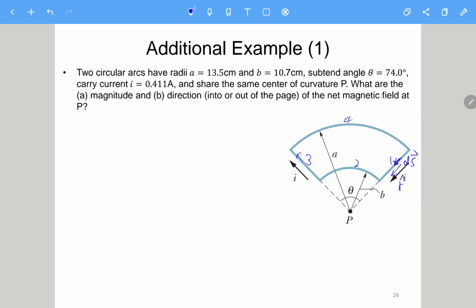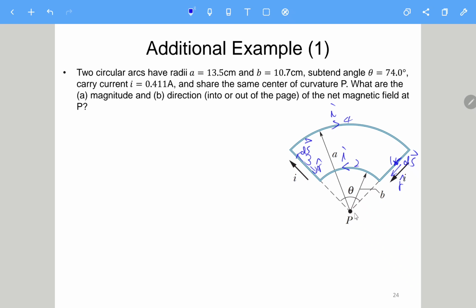Similar for this one, ds is pointing in this direction, R hat points in the opposite direction. They have a 180-degree angle between them, so the cross product of them will be 0 as well. So only this segment and this one, this is the direction of I, these two segments will contribute B field at point P.